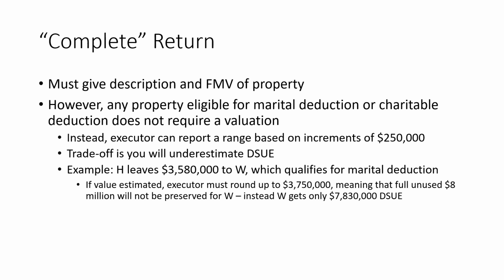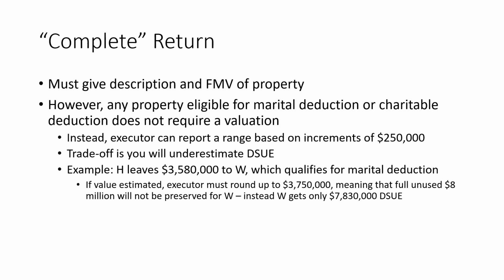Now, any property eligible for a marital deduction or a charitable deduction doesn't have to have a full substantiated valuation. You can leave the value of that property blank, and instead the executor can estimate the value and report a total range for marital deduction or charitable deduction property based on increments of $250,000.